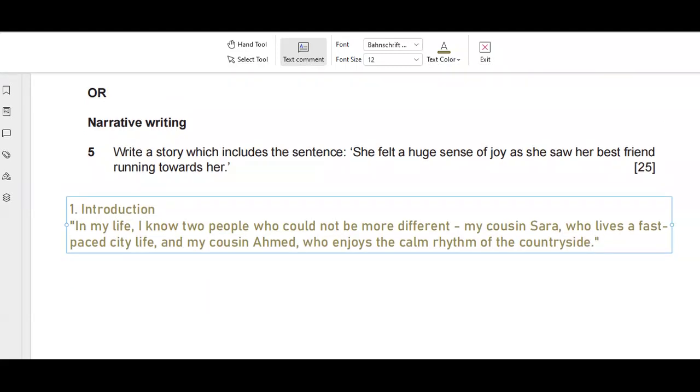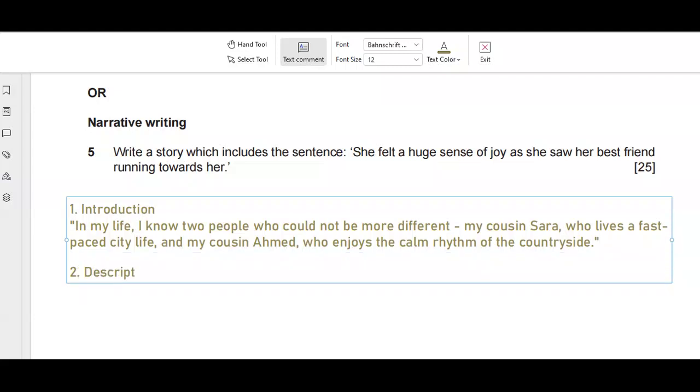Then, after giving the introduction, we are going to give the description of person number one. Technically, the person number one that I have written over here is my cousin Sarah. So I can describe what sort of daily lifestyle she follows, how her work life may look, her hobbies, and her habits.